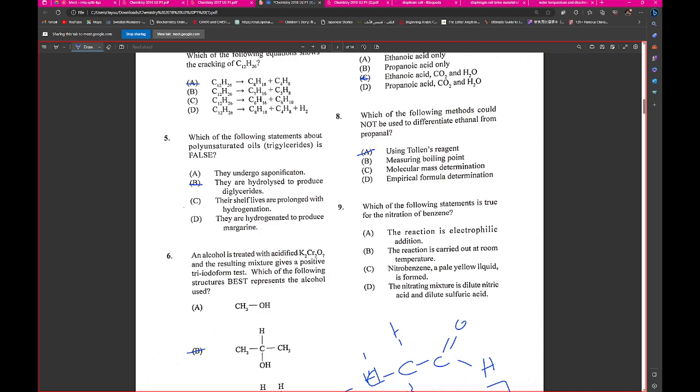That's the only thing that really allows C. I'm debating C on whether or not nitrobenzene is soluble or insoluble. Let me check. Well, it's not asking if it's soluble, it's asking if it's a liquid overall. So it's a liquid. All right, nitrobenzene is a liquid.